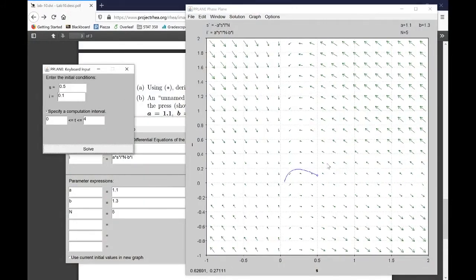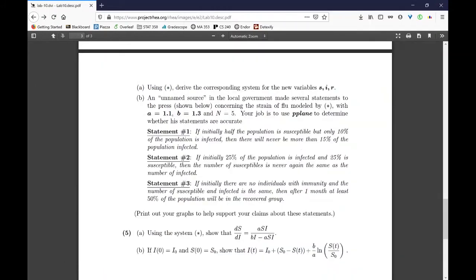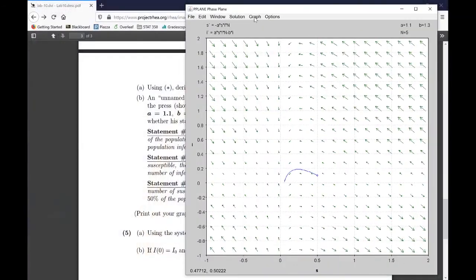Okay. So if initially half the population is susceptible, but only 10% is infected, then there will never be more than 15% of the population infected. Let's look at this claim and see if it's true. We want to see how many people are infected, so we look at y versus t, or I versus t.